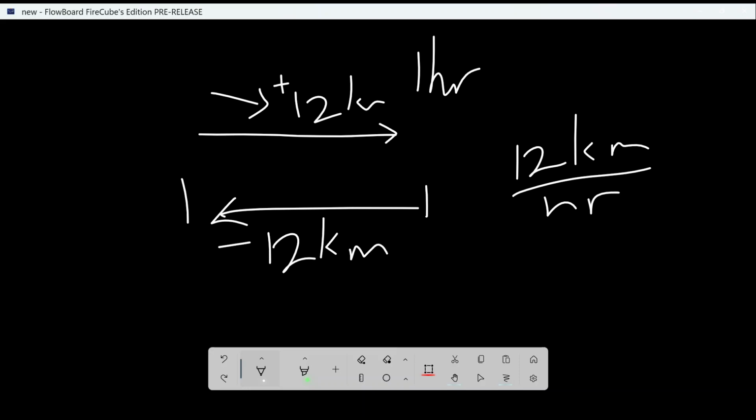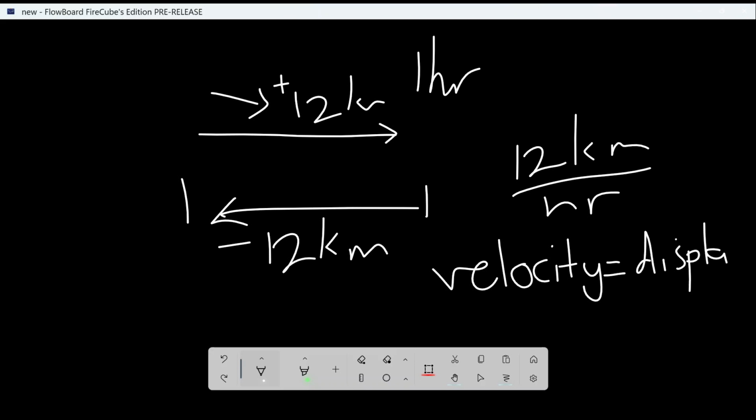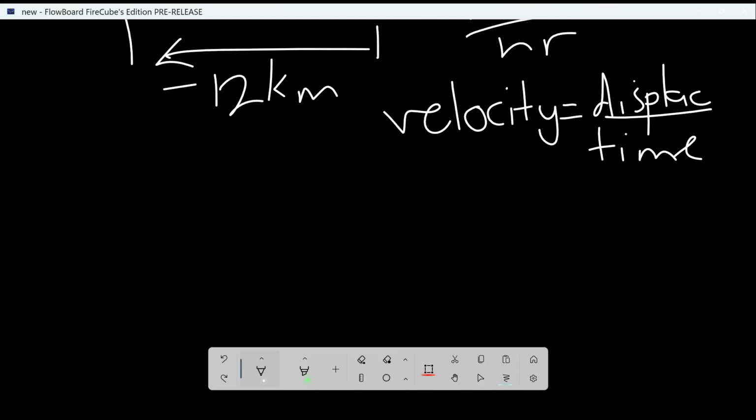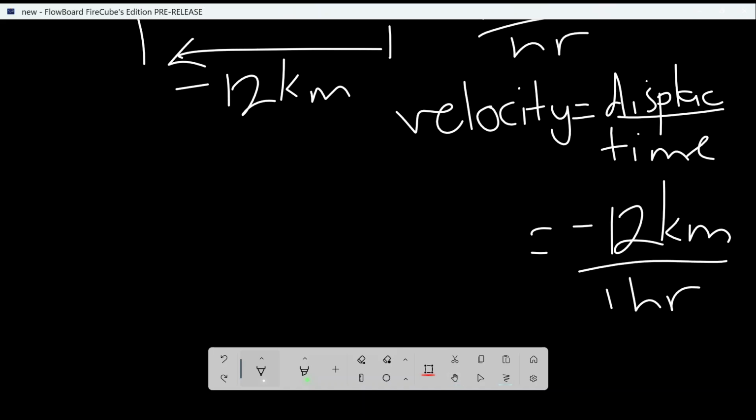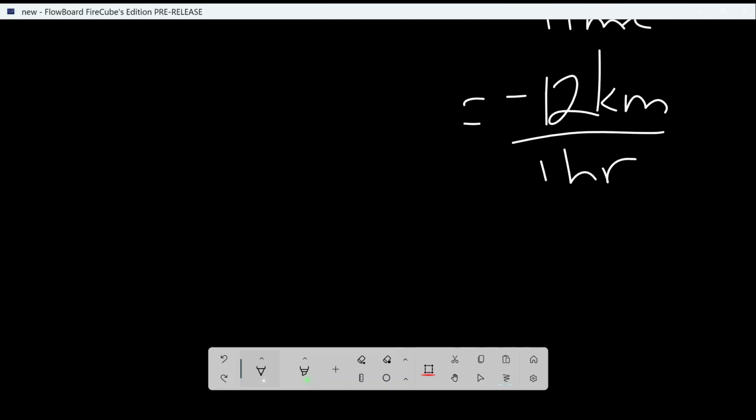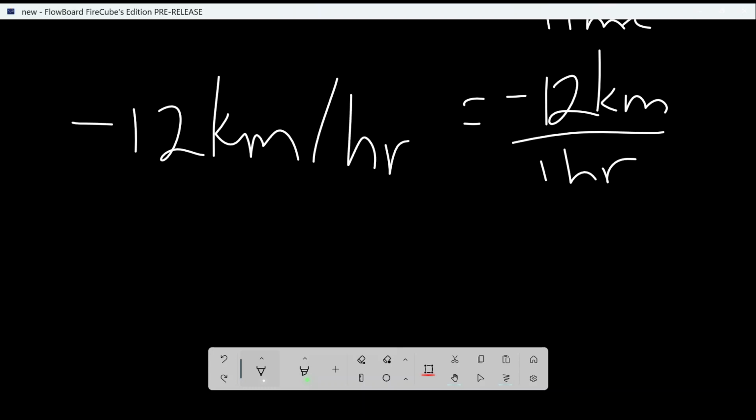So when we calculate your velocity, we use your displacement and divide it by the time you take to cover that displacement, and we'll find that your velocity in this case will be minus 12 kilometers divided by 1 hour, which is minus 12 kilometers per hour, and that will be your velocity.